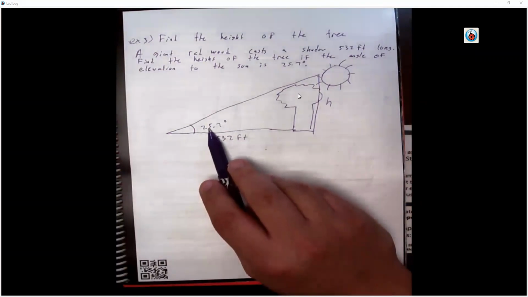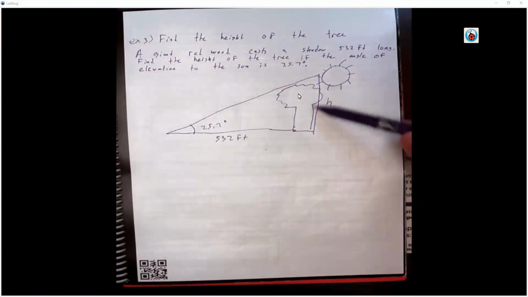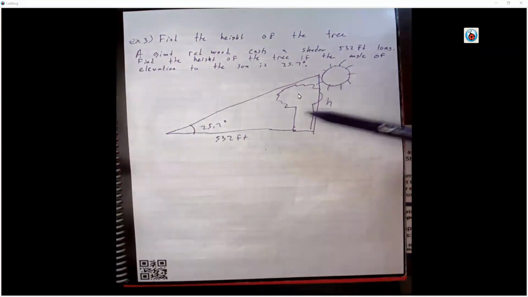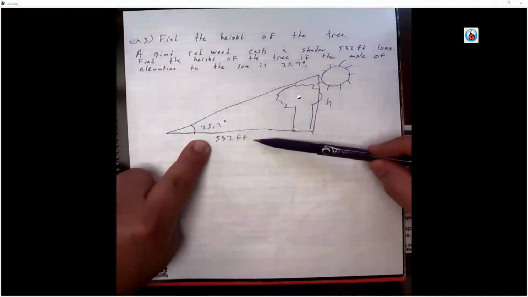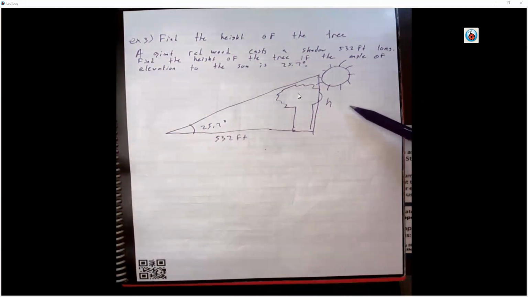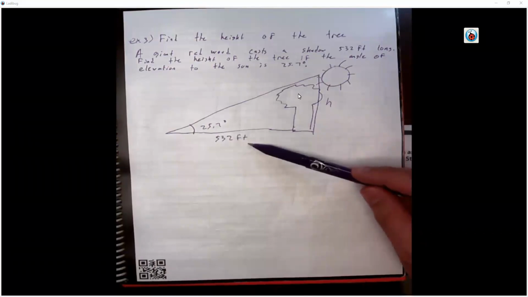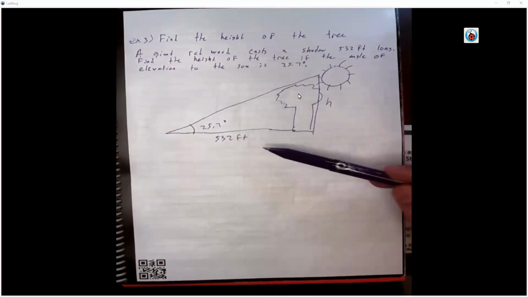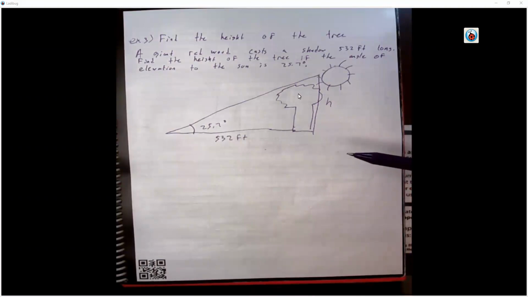Which side is missing relative to this angle? We have adjacent, so we need to find the opposite. Choose a trig function that incorporates opposite and adjacent, because that's what you have, so that way we have only one unknown. Tan and cotan would be the ones you want to use.